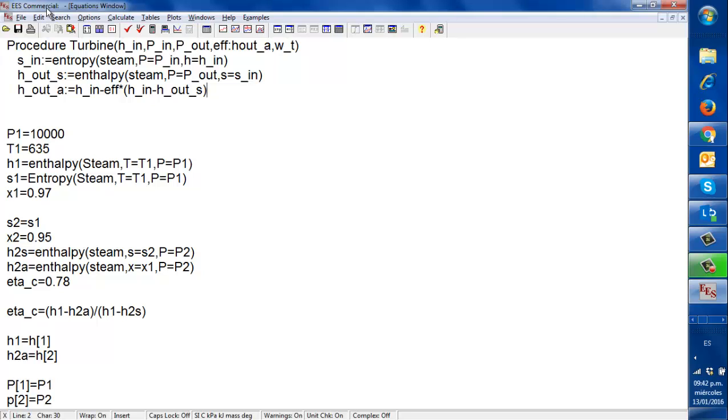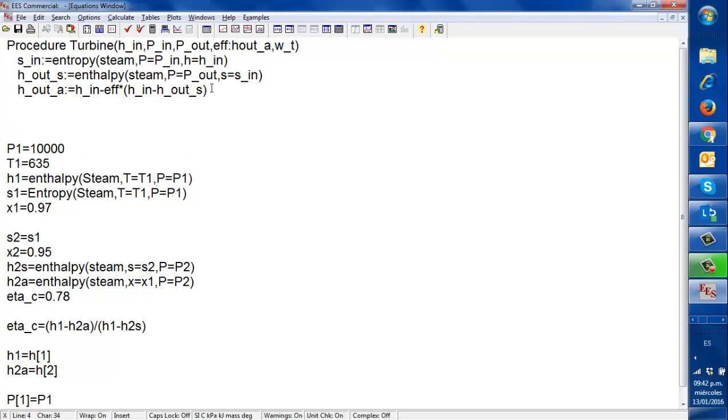That will change if you have one numbering and you have another numbering. So I'm leaving it general. So I have now H out, that's one of my outputs, and I will compute the net work, the work of the turbine. And this is H in minus H out actual, and that's it.